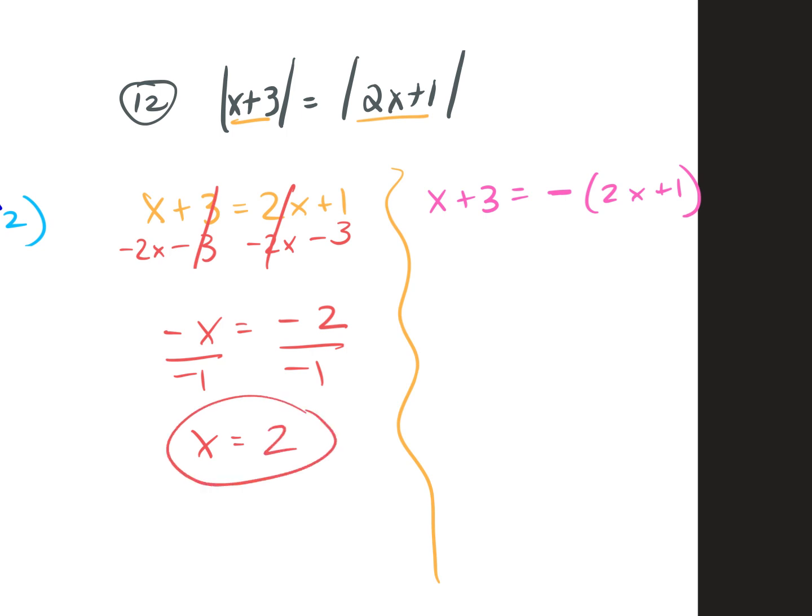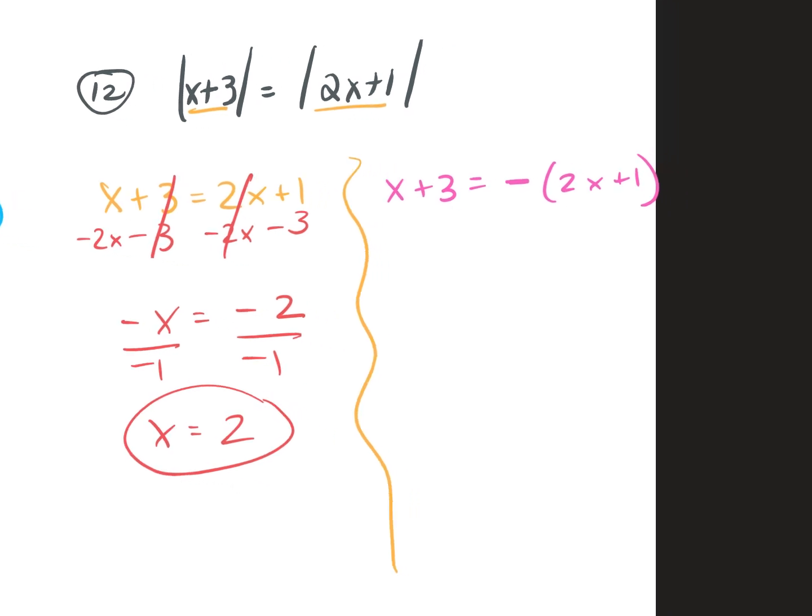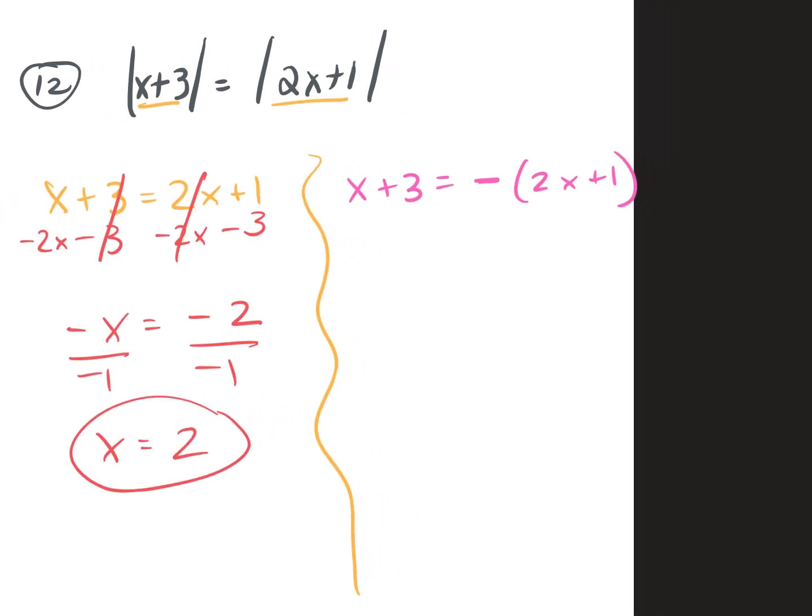Perfect. Let's solve the last one. What should I do first in my equation on the right? Distribute the negative. Do not forget to distribute the negative. A lot of people just like to put the negative out front, but it has to get distributed to both things on the inside. So this would be negative 2x minus 1. Then what do?